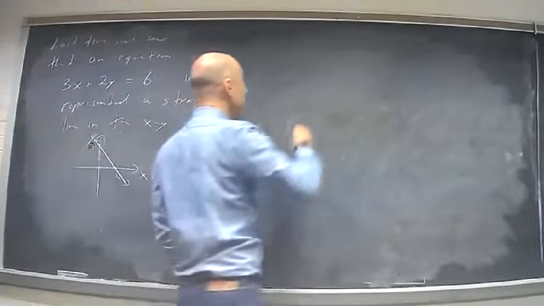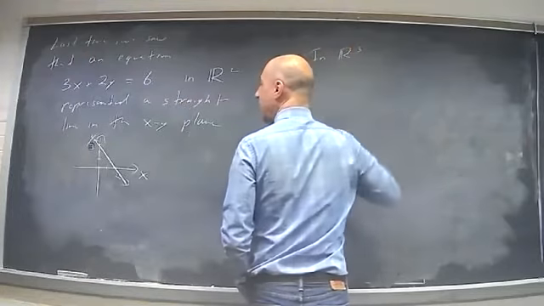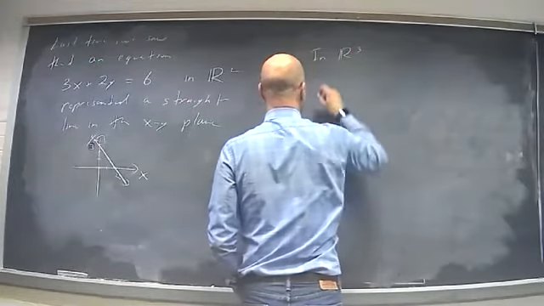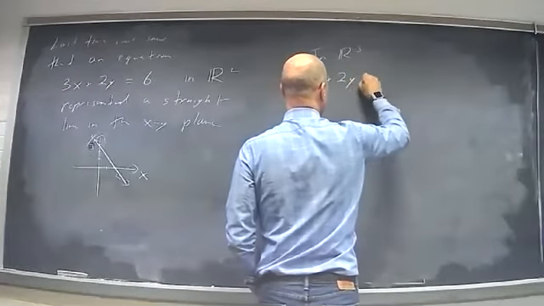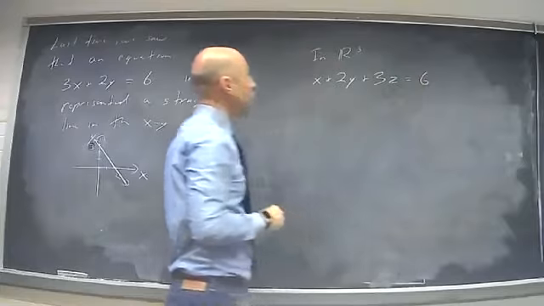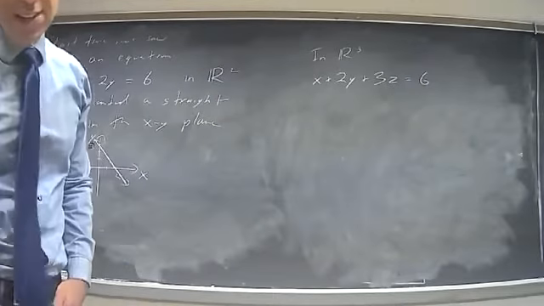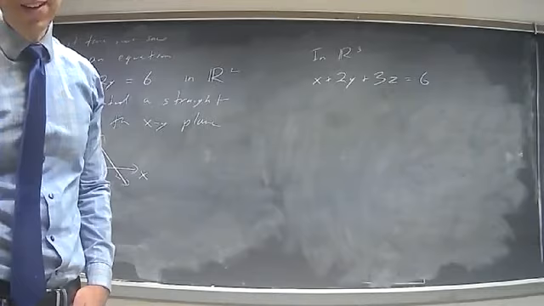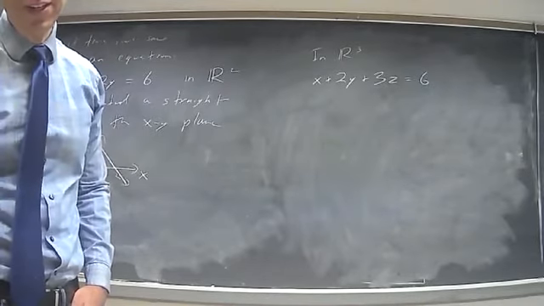So in R3, let's say we have a linear equation, x plus 2y plus 3z equals 6. What does that represent, graphically speaking?